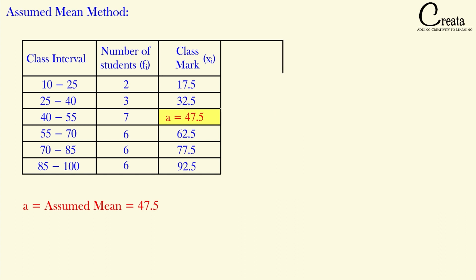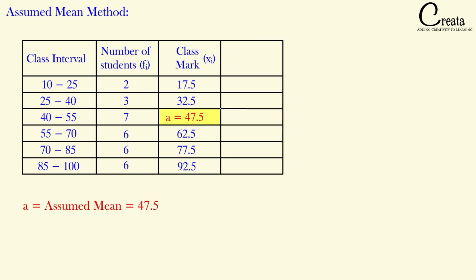Now we will add one more column which we will call di, which is the deviation. Once we move forward, you will understand it in more detail. Now we will subtract the assumed mean, which is 47.5, from all the observations.